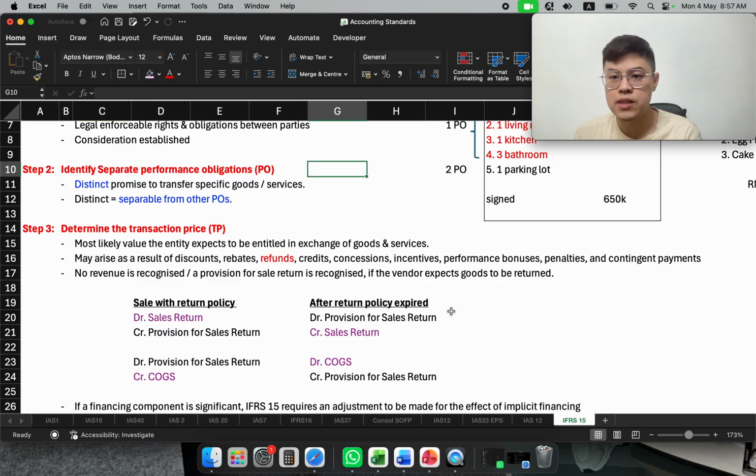Certain items that we sell to the customer might be subject to a refund policy, meaning we are giving the customer a right to refund if they are not comfortable with the goods. This refund policy is actually an obligation to all of us.